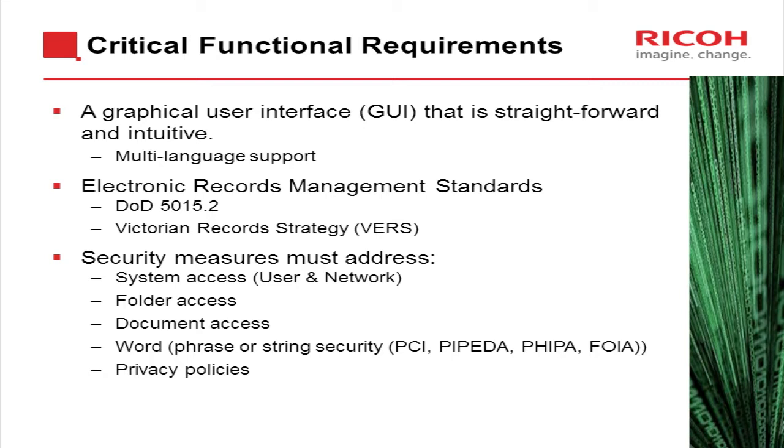Should secure access to specific folders, electronic digital folders, secure document access, and even secure down to the word level, such as identifying a credit card number or other string of information and securing that information to support HIPAA and other security requirements. In other words, the system has to respect your privacy policies and be ready to support future privacy policies.